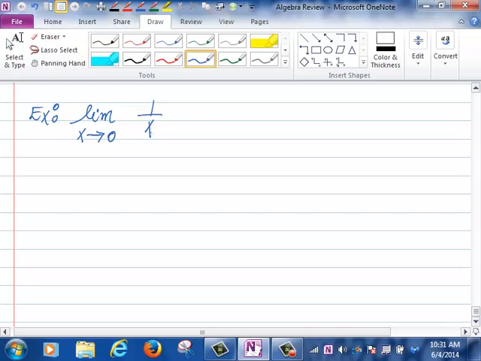So here, what should be the limit here? Anyone remembers? The graph of 1 over x looks like what? Well, on one side it looks like this.